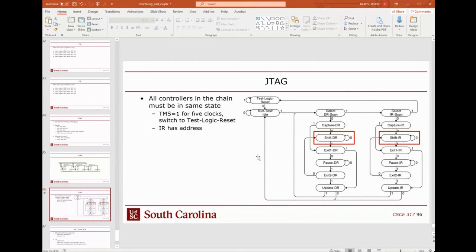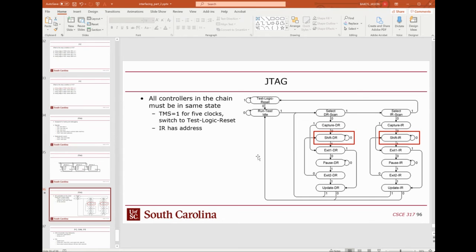The way that's done is through a state machine. I didn't talk too much about this. We may end up having a lab on this, but the idea is that you send a sequence of bits with TMS, and you clock them. And all the things on the JTAG chain see that sequence of bits.